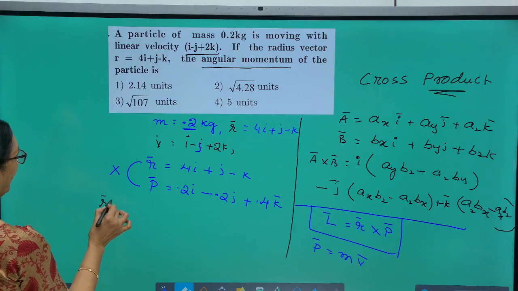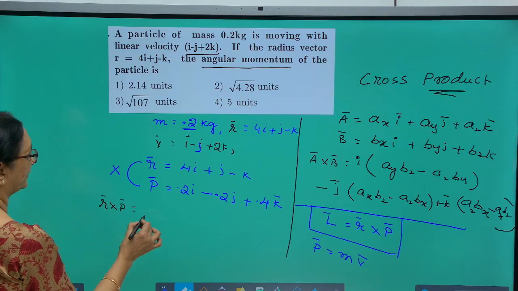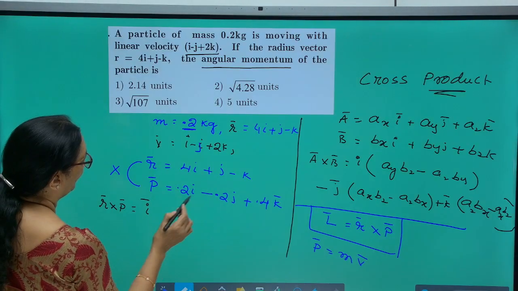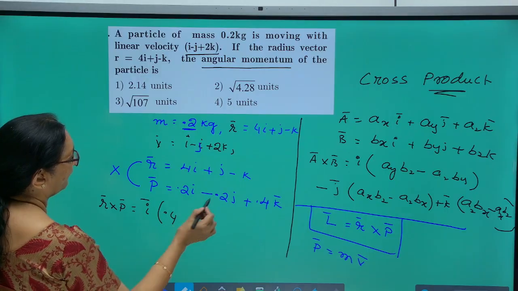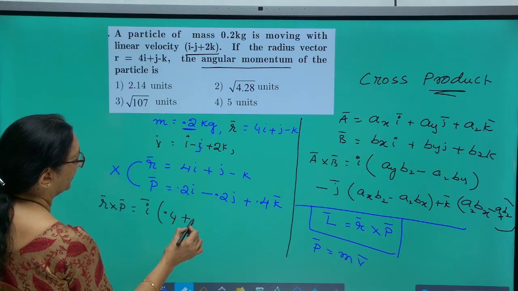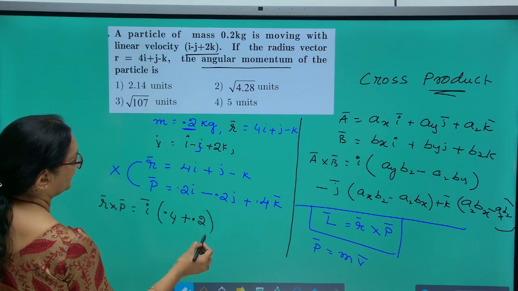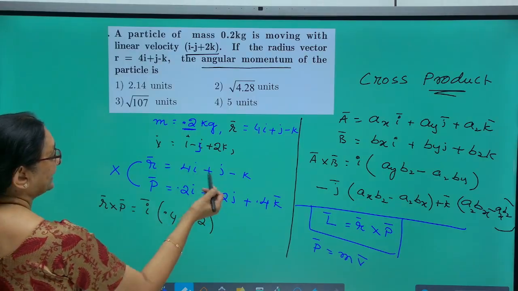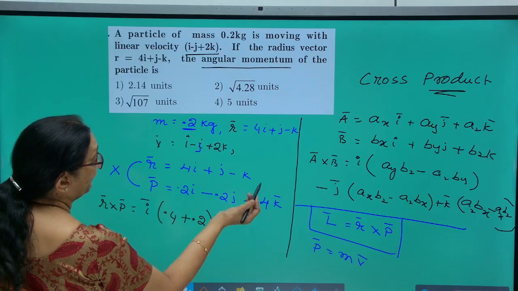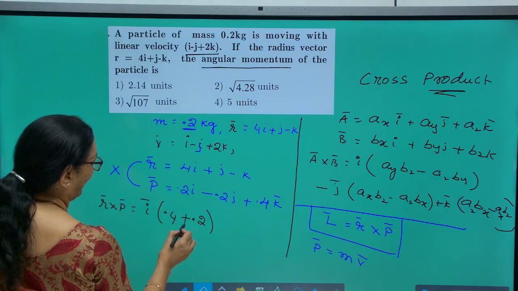So, R bar cross P bar is equal to I bar into 1 into 0.4 minus 1 into minus 0.2, so plus, minus of minus, that is AY BZ minus AZ BY.